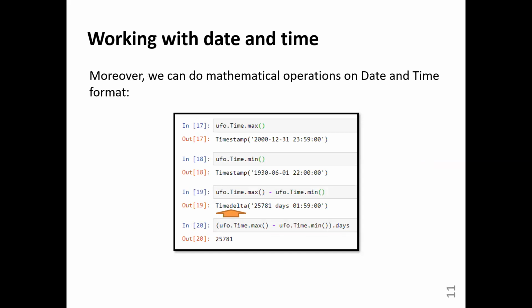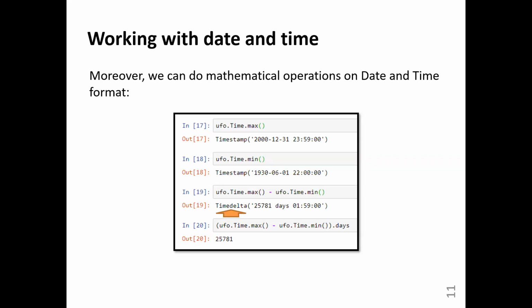When you have time, you can use all those functions. You can say, what is the max of those days? Means the most recent report. What is the min? What is the first time that they said, okay, I saw a UFO, right? And you remember that I said it's not easy to do the calculations.